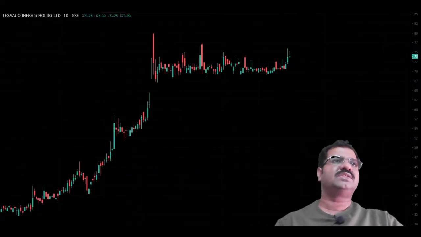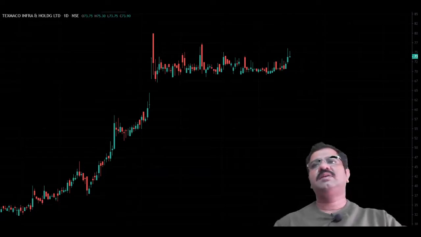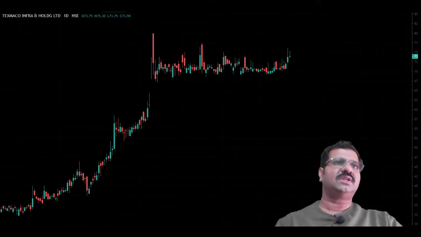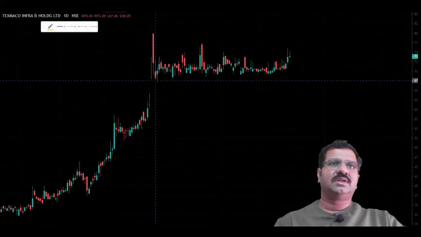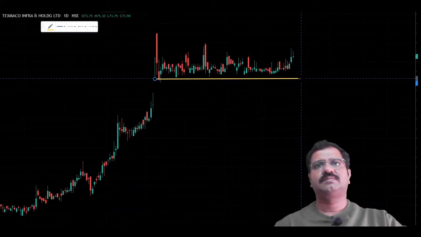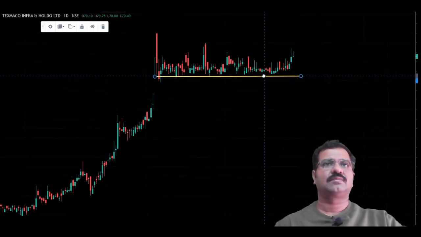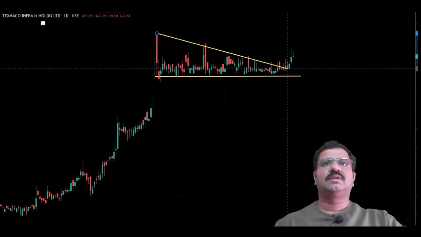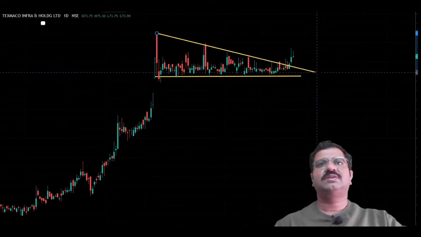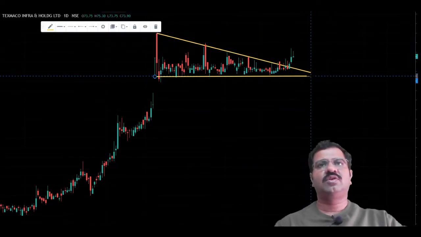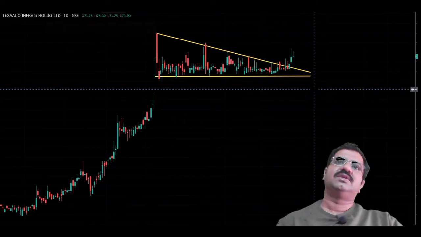See, this is again a descending triangle. If you see, this support line is horizontal, and this resistance line is sloping, so the slope of this triangle is downward.